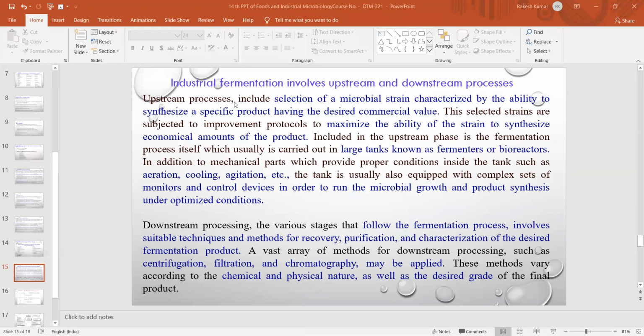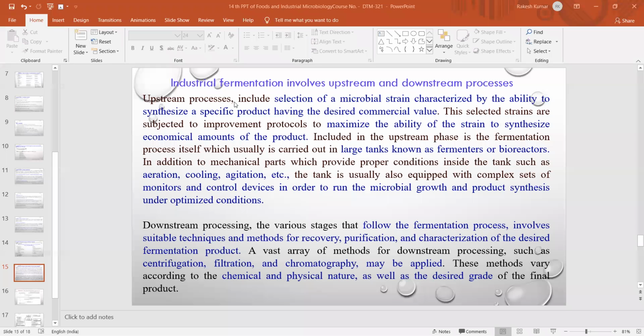So what are the things you have to include under upstream processing, and what are the things you have to include under downstream processing? I am just going through this slide.